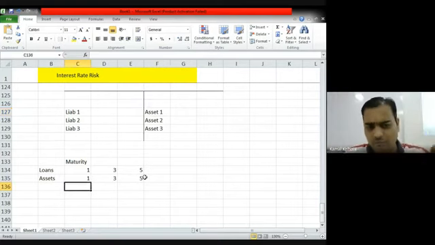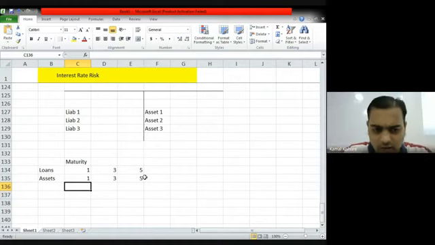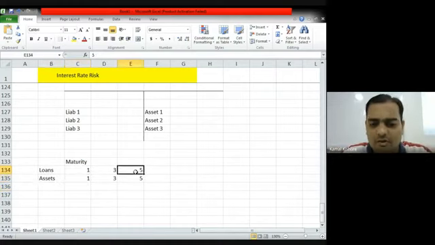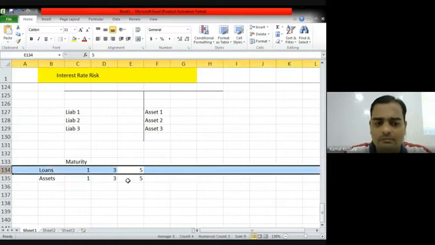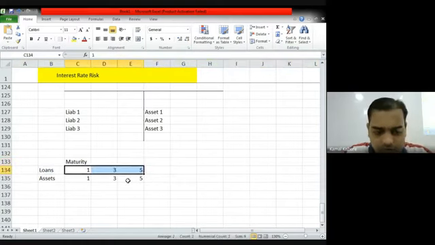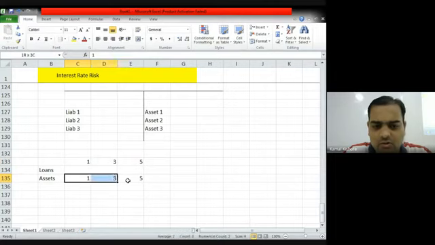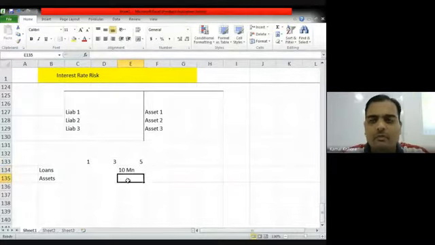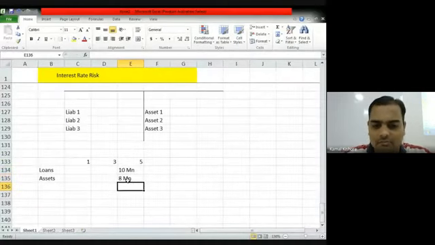So that means I have loans with a maturity of, let's say, 5 years. I have loans worth, let's say, 10 million, and I have assets worth 8 million.